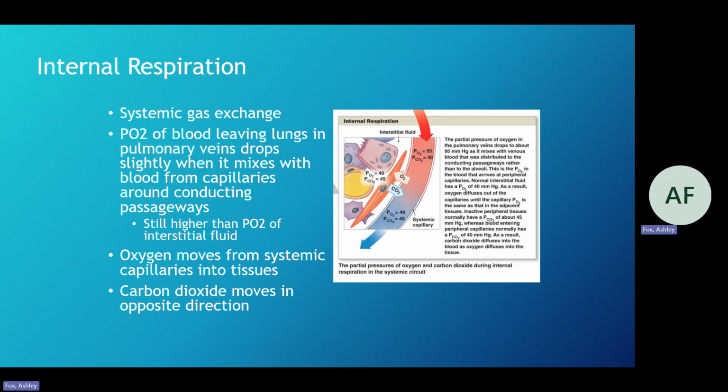So internal respiration, again, is systemic gas exchange. The partial pressure of oxygen that leaves the lungs in your pulmonary veins does go down a little bit. So that's why you're going to see, okay, I just saw 100 in the pulmonary capillaries, and now I'm seeing 95.